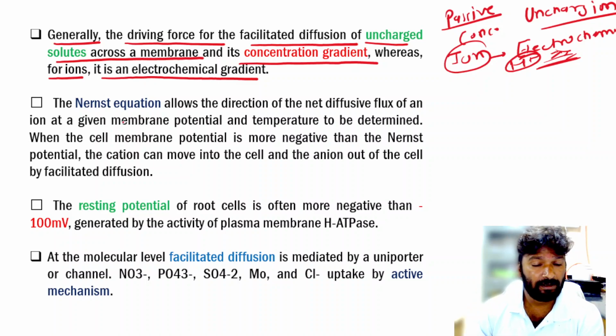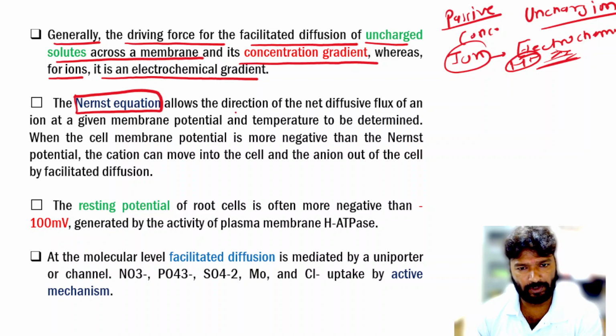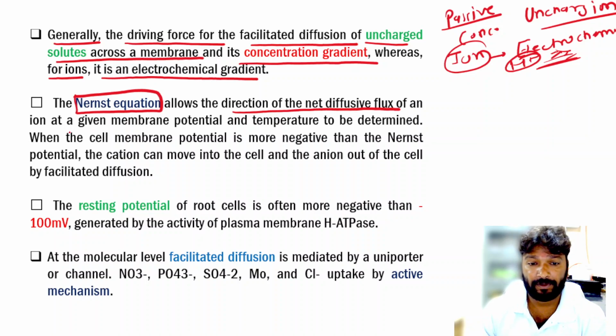Okay, so the Nernst equation, this allows the direction of the net diffusive flux, means कौन सी direction में movement the solute will be moved, of an ion at a given membrane potential and temperature to be determined.